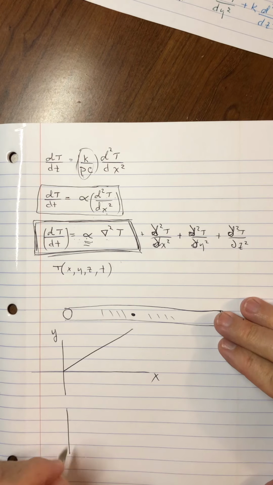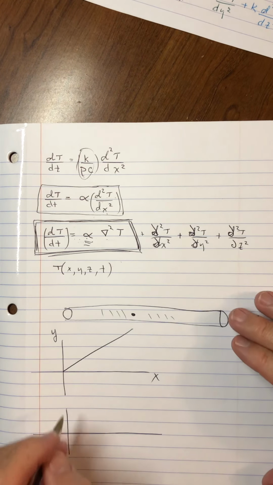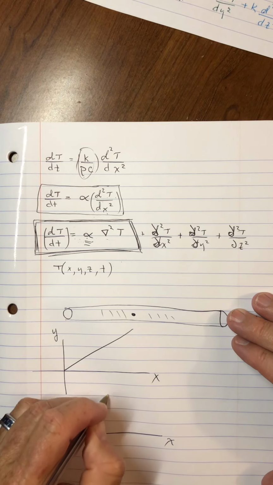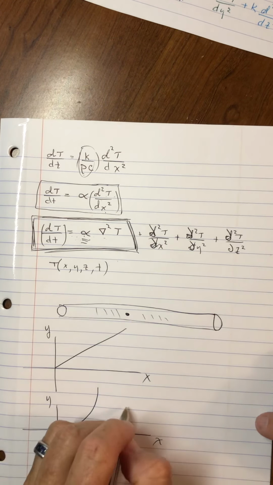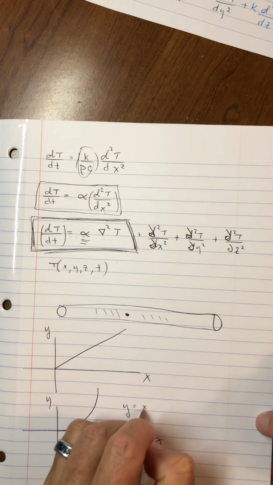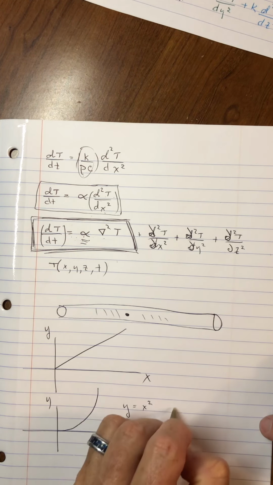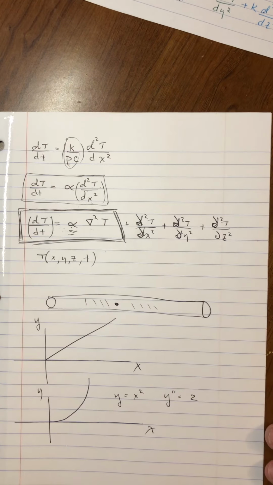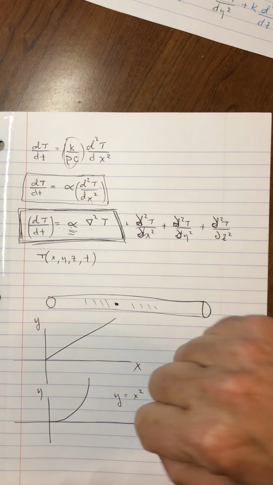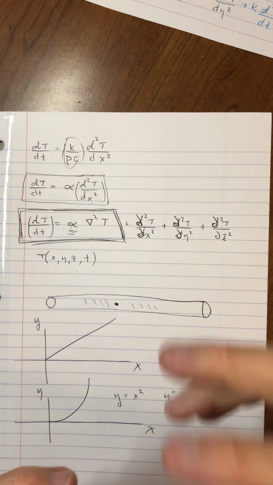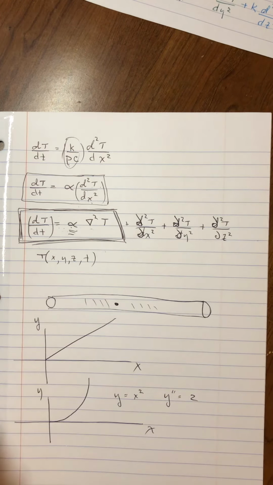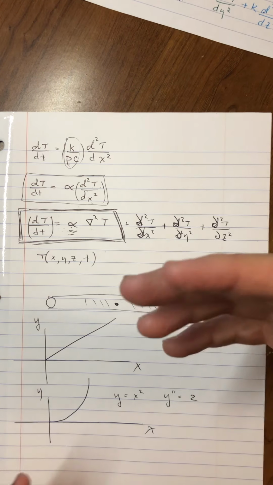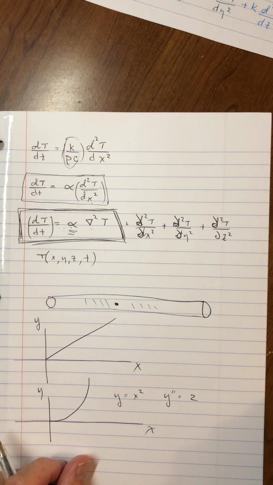Now, something that looked like a parabola had a bend to it. In fact, you probably recall that if you set y equals x squared and you take the second derivative, you're just going to get a 2. And so we would say it has a constant concavity to it, right? Its concavity is a constant value.